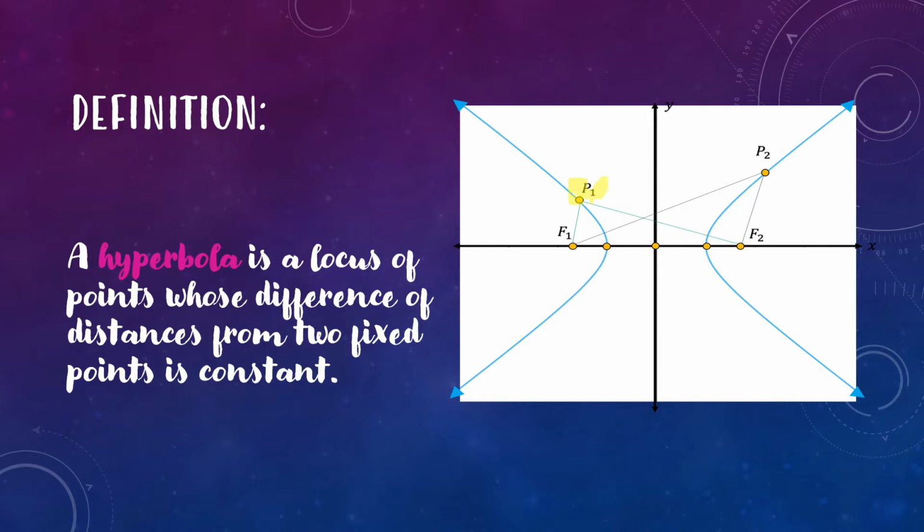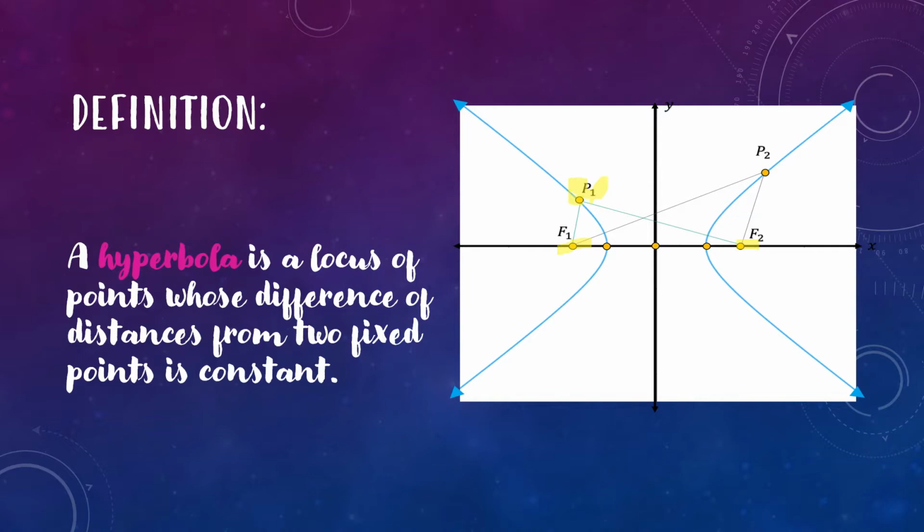Ang distance niya from two fixed points, we have F sub 1 and F sub 2. Kung ang distance ni P sub 1 padulong kay F sub 1, i-subtract na to sa distance from F sub 2. Say for example, ibutang na to nga 2A siya.